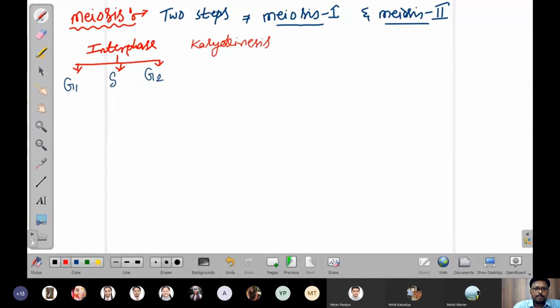Karyokinesis, which includes how many steps? Four. What are they? Prophase, metaphase, anaphase, and telophase.